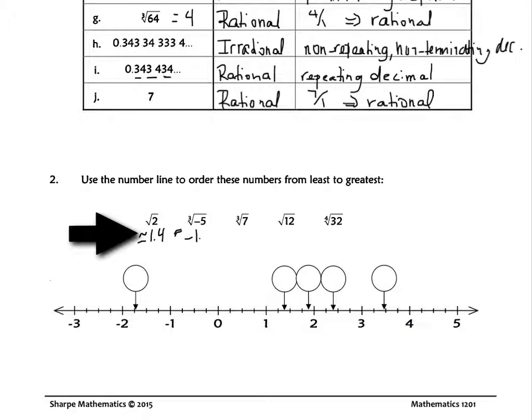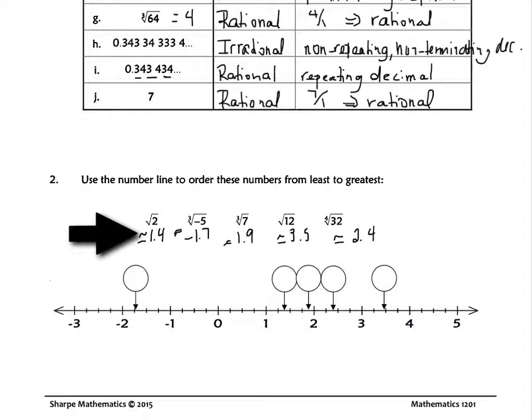These are all approximations. And the cube root of 7 will be around 1.9. And the square root of 12, use our calculator, is around 3.46, so around 3.5. And the fourth root of 32 is around 2.4.